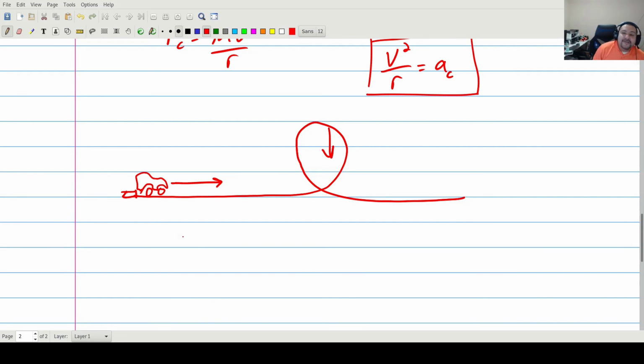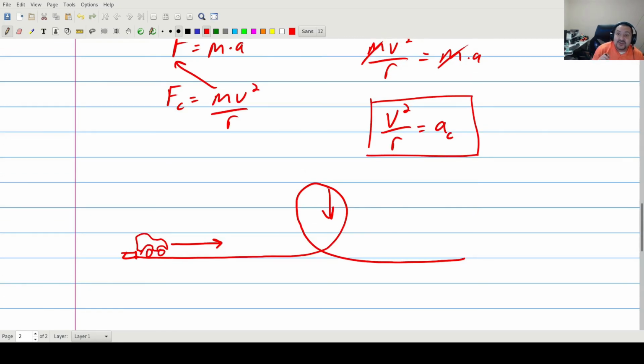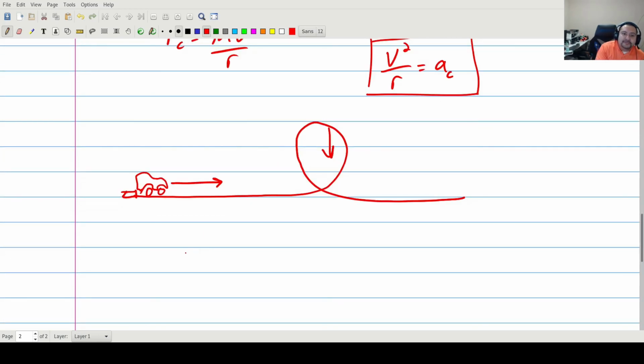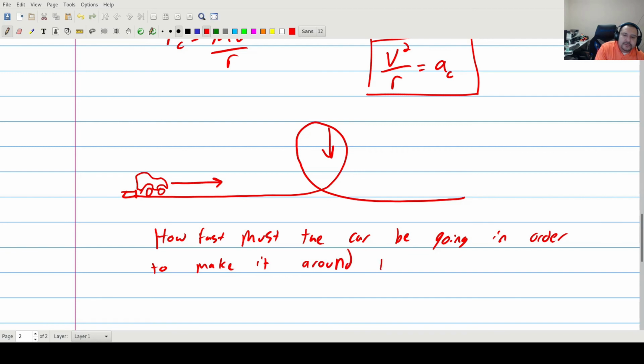Well, I can solve that using this centripetal acceleration formula. So how fast must the car be going in order to make it around the loop?